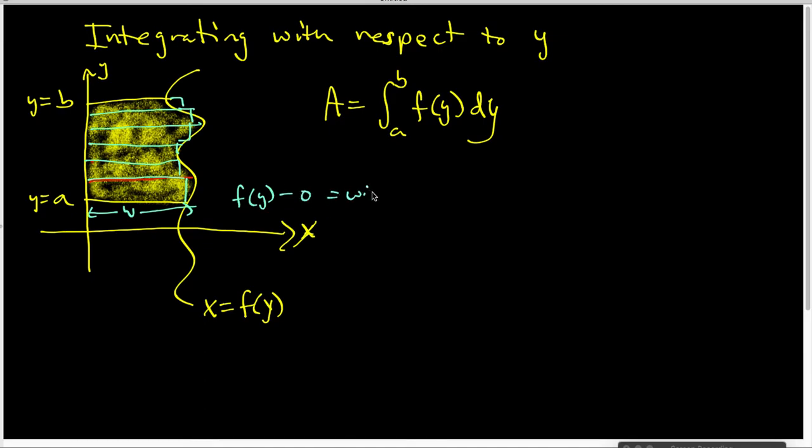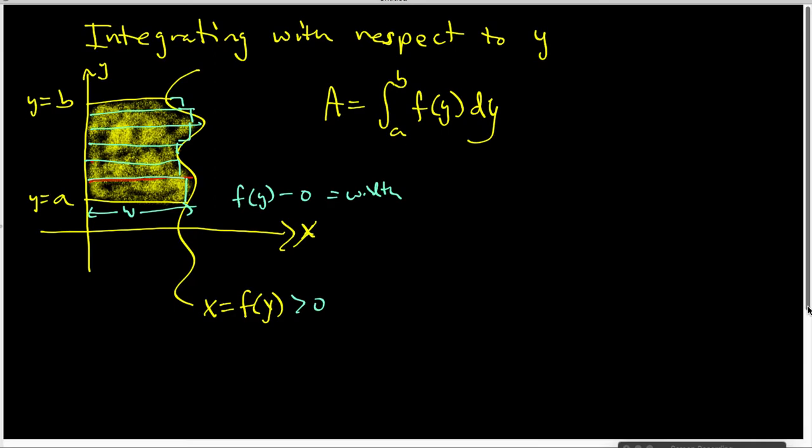And because f of y is bigger than 0, we would be getting positive rectangles. So that would be how I would look at this kind of region.